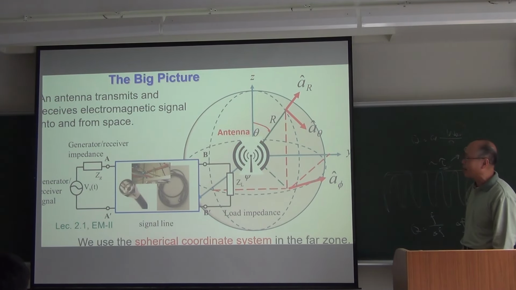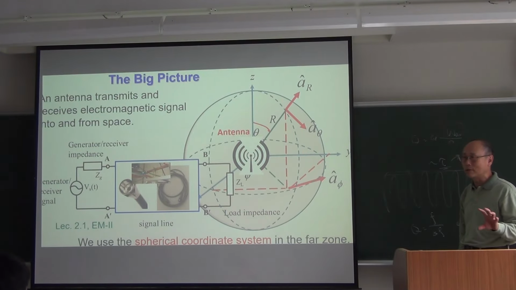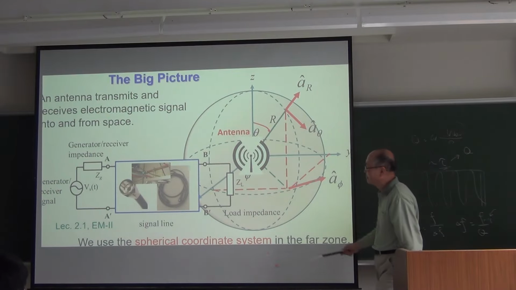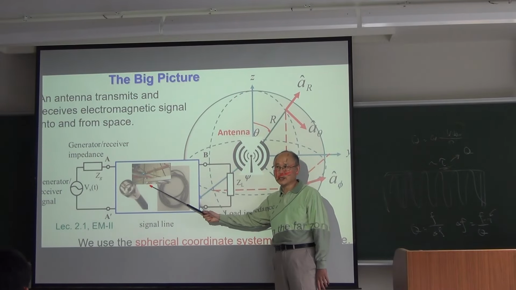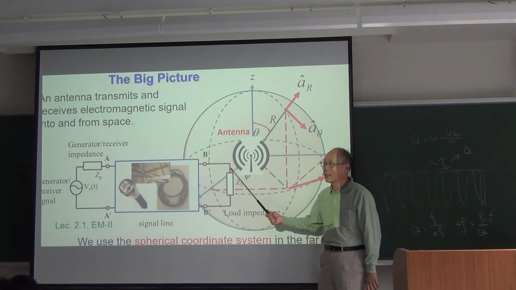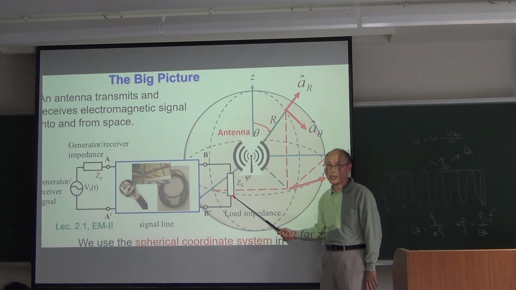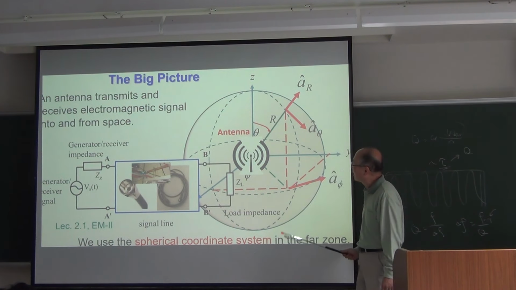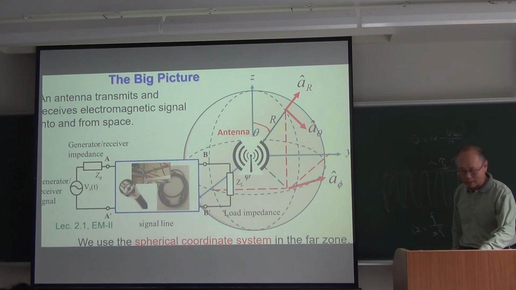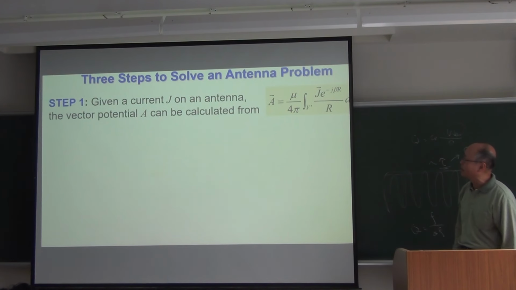And so on this slide, I told you 2 important concepts. Number 1, a circuit has the purpose to confine the electromagnetic energy, while the purpose of an antenna is to spread out the energy. And the second concept is that we will be adopting the spherical coordinate system for the discussion of antenna.